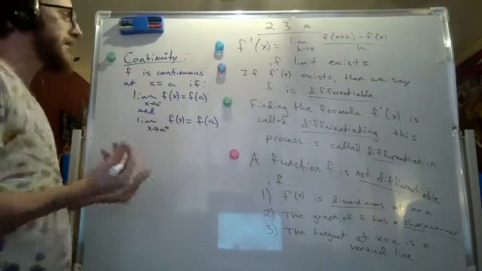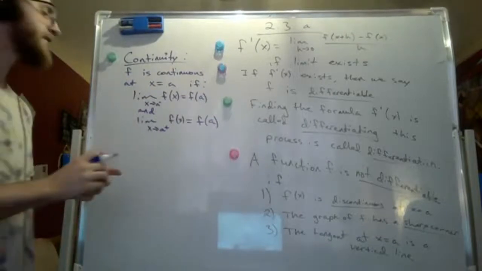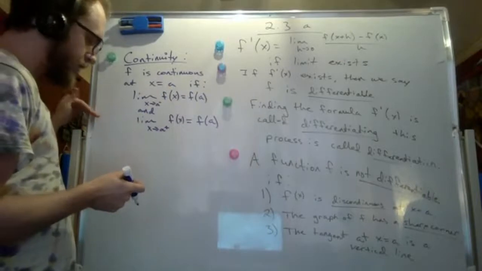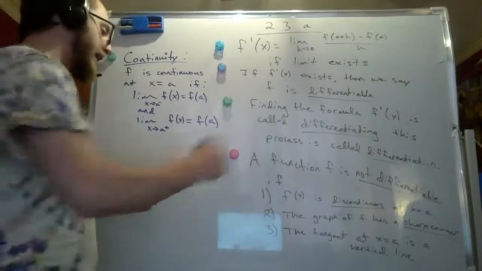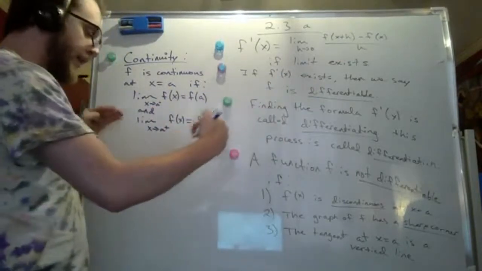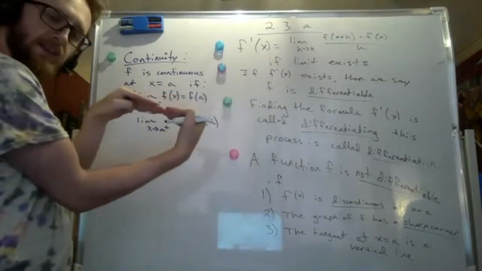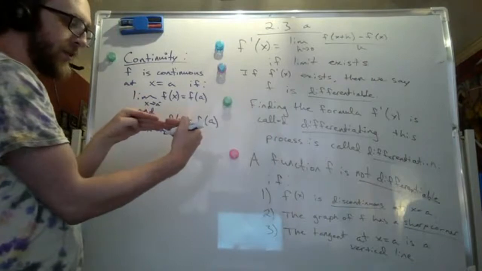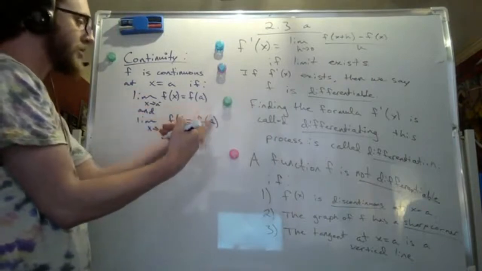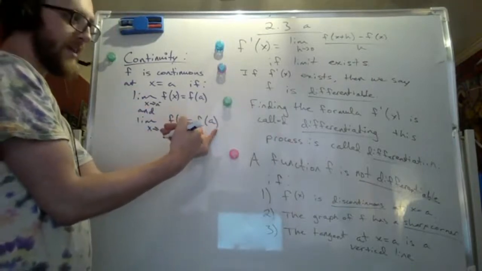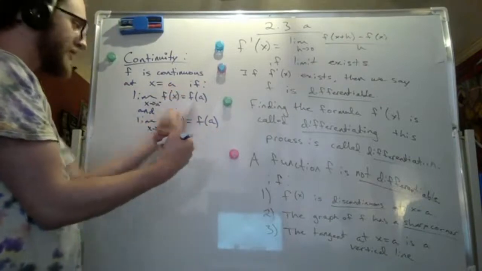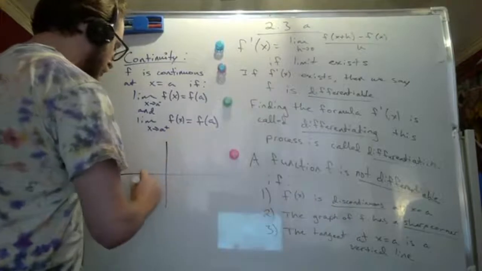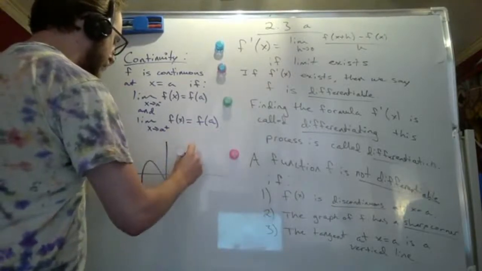So what does that really mean in plain English? What we're saying is, for any point you pick in the domain, if as you approach a point from the left and as you approach that point from the right, if the limits meet at the same point, but not only do they meet at the same point, but they meet at the point the function is labeled, then we say it's continuous.